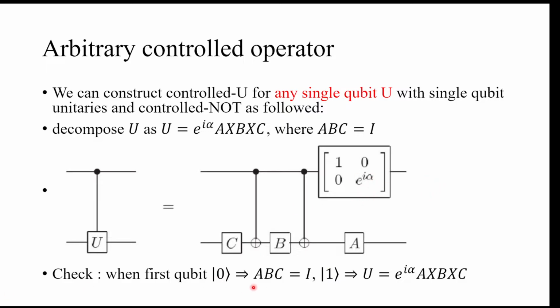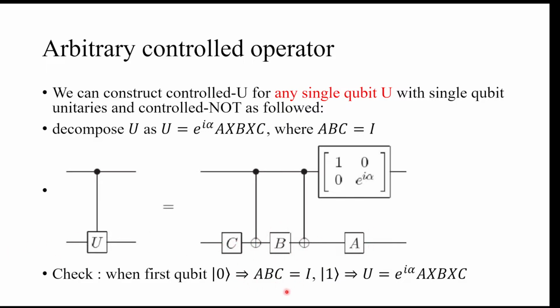And so we want to check that those two things are true. When the first qubit is 0, then these two things will not happen, because when the first qubit is 0, the CNOT does nothing. And what happens on the second qubit is you will do C, B, and A.